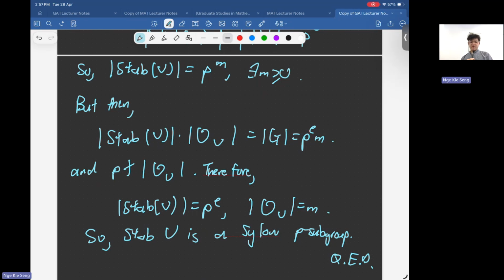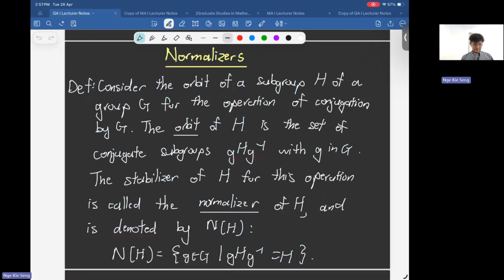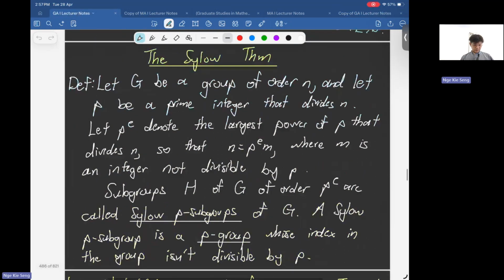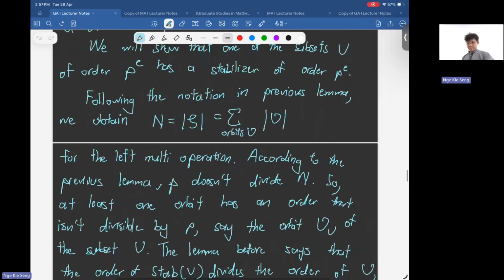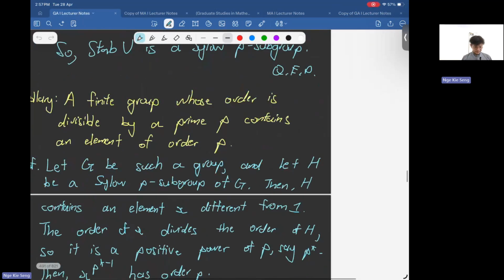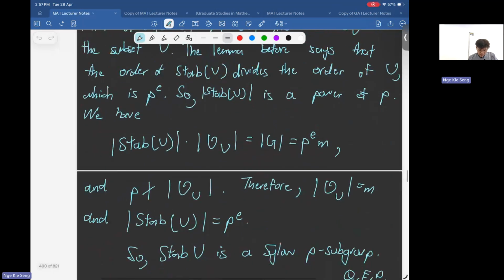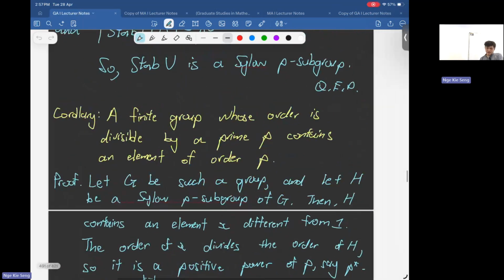Okay, since we proved this, maybe the next few I leave for you to figure out yourself. Maybe we just introduce them all, then we can take a break from here. So the corollary is: a finite group whose order is divisible by a prime p contains an element of order p.